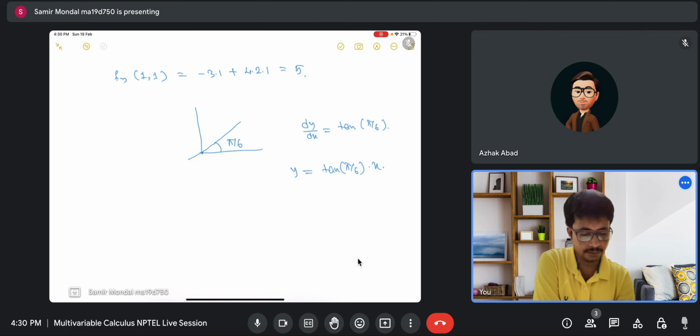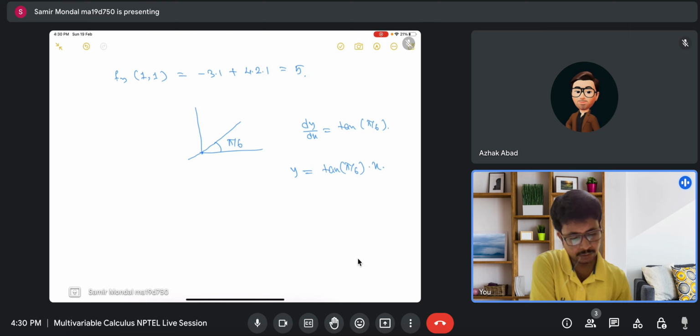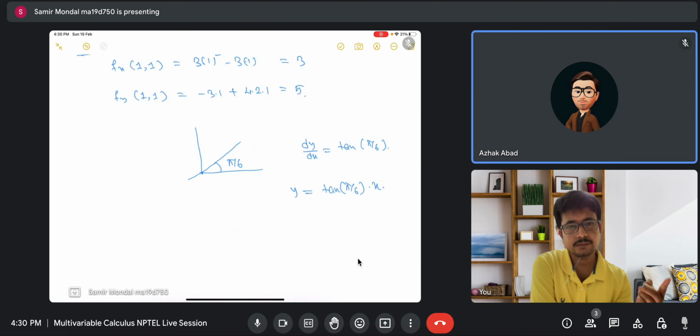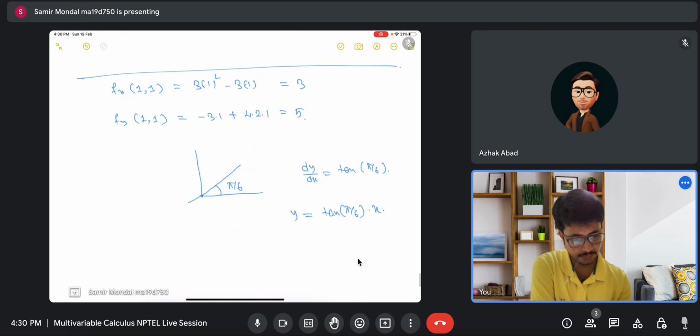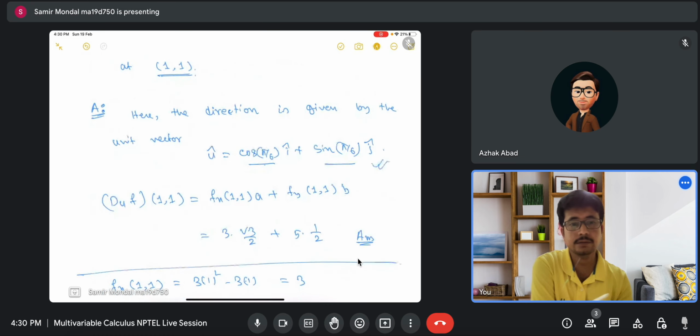If it's not passing through the point (0, 0), then we get y minus that point equal to this slope into x minus that point. Okay sir, got it. So from here we can find this unit vector.